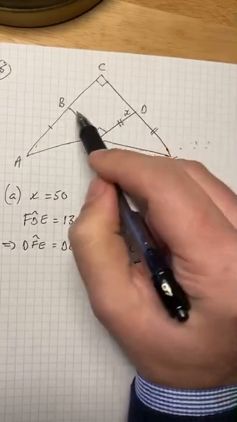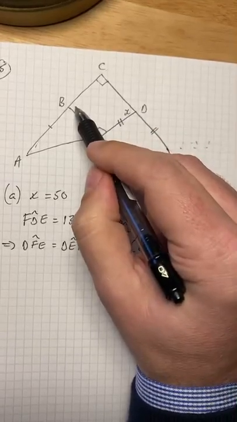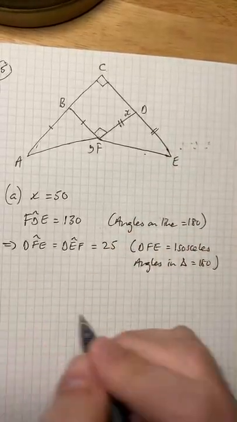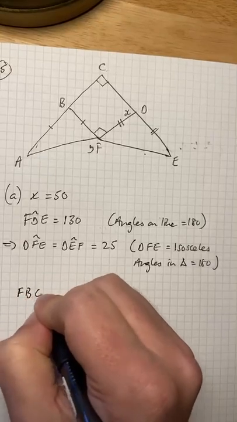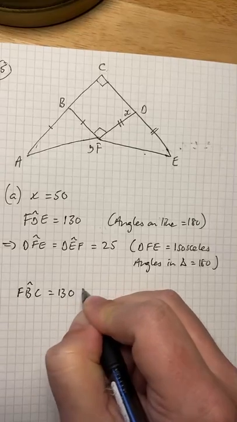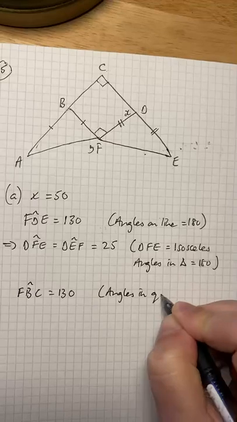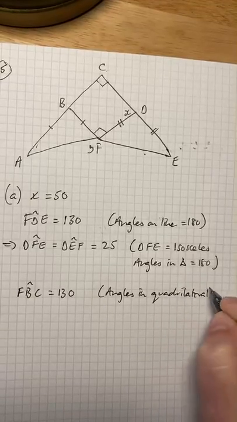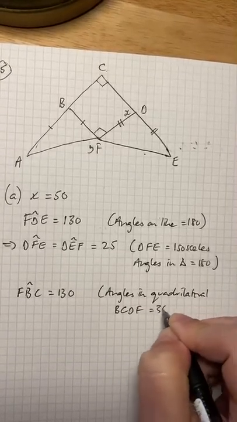These two need to add up to 180 because that's a quadrilateral. So if that's 50, that's 130. So we know that FBC equals 130 because of the angles in a quadrilateral. We might as well put it in, B, C, D, F equals 360.